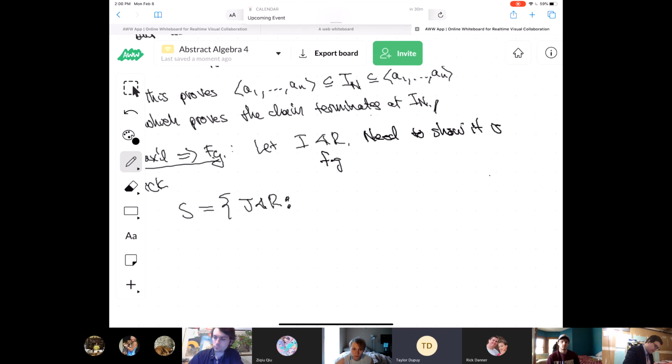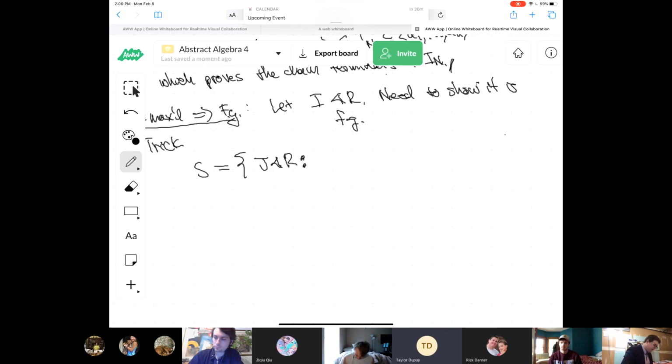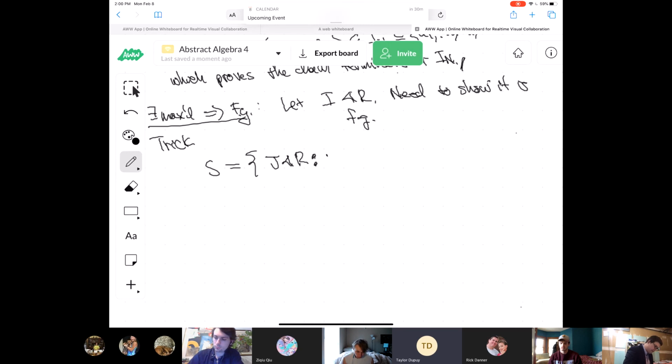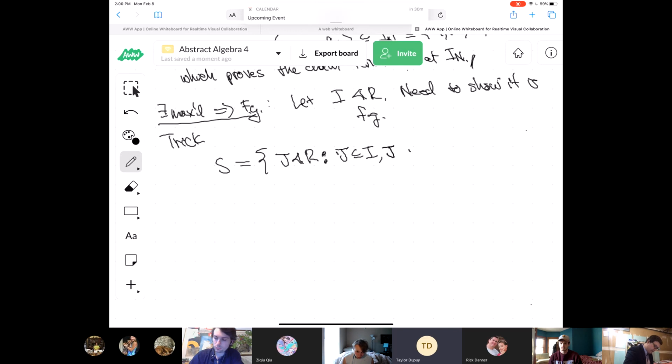We consider the set S of ideals J contained in I such that J is finitely generated. Then let M in S be a maximal element.